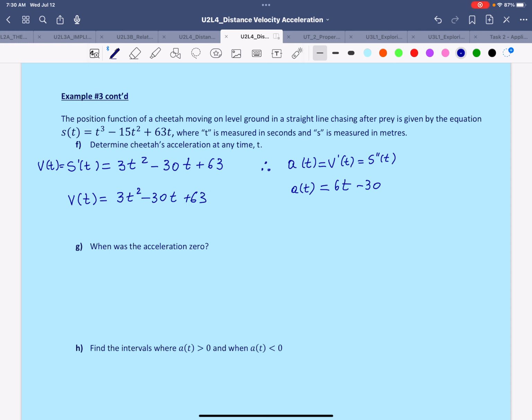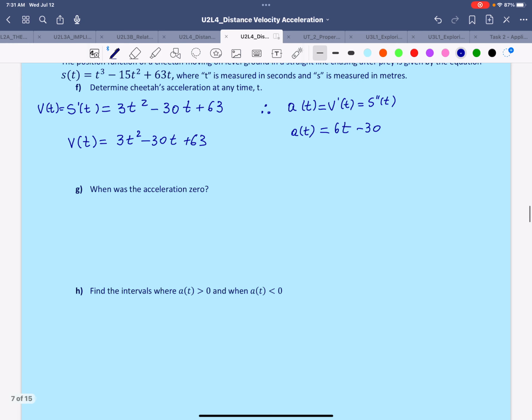Next, we are asked to find when the acceleration is 0. Why do we have to do this? If we're about to analyze speeding up and slowing down motions, we need to study the signs of acceleration and velocity. And to study the sign of a function, we need to know where the zeros of the function are, because the zeros will always separate the positives from negatives, so they're the guiding points.